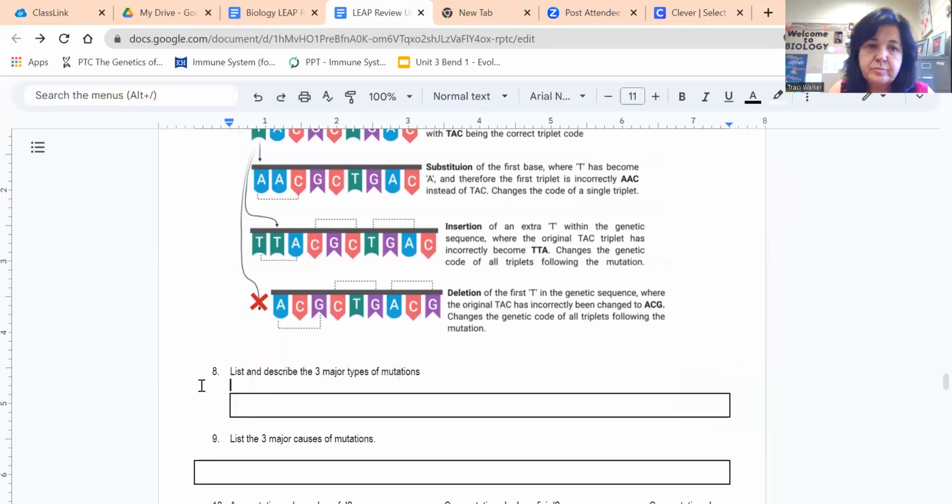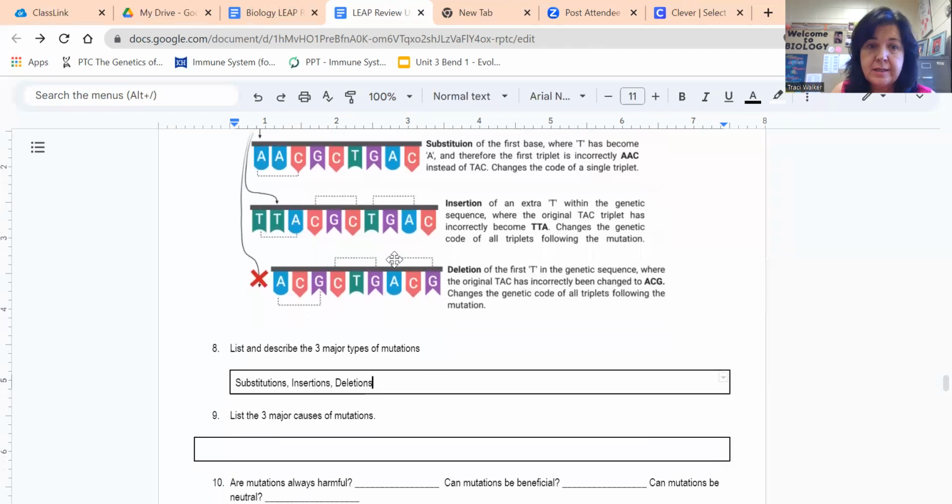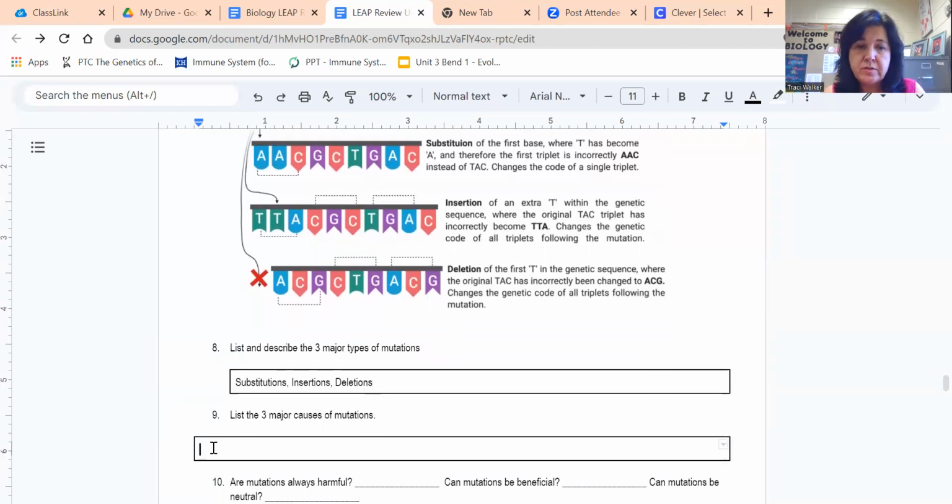So the 3 major types of mutations are substitutions, insertions, and deletions. And so the description of each of them is right up here. So you can read over that again. And then there are 3 major causes of mutations.